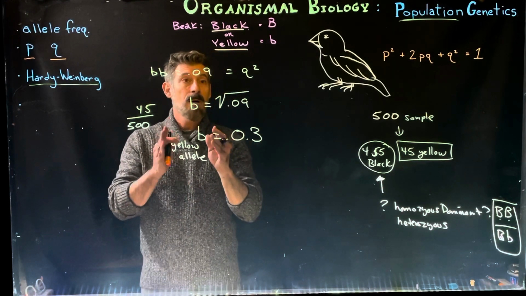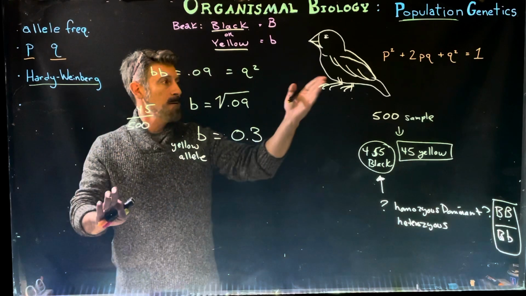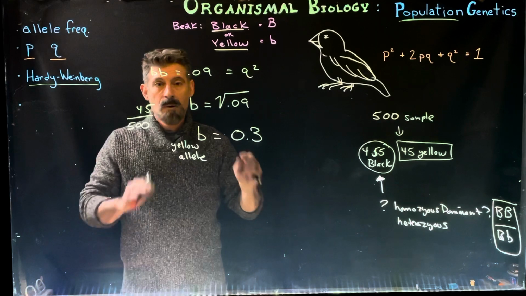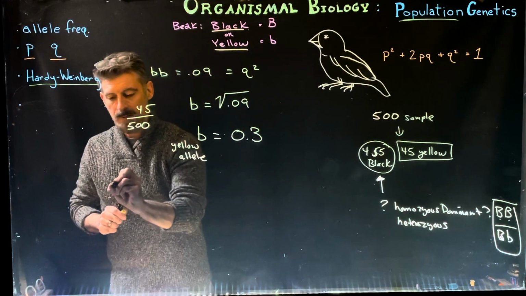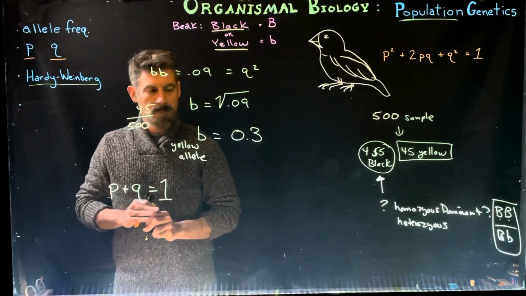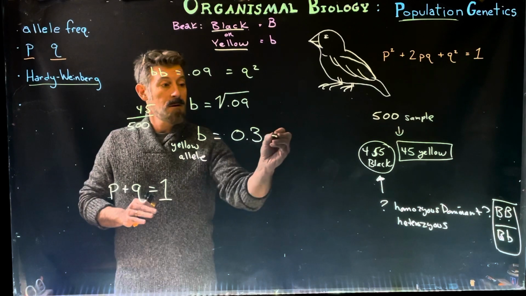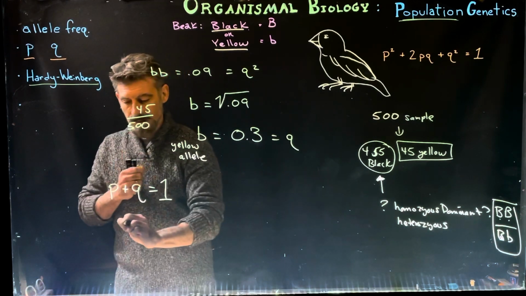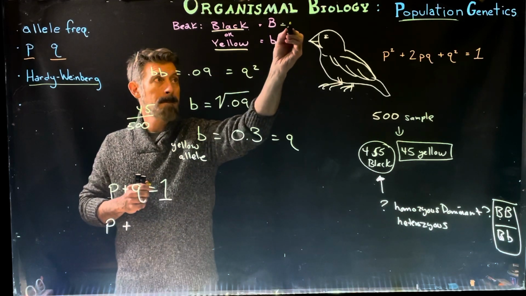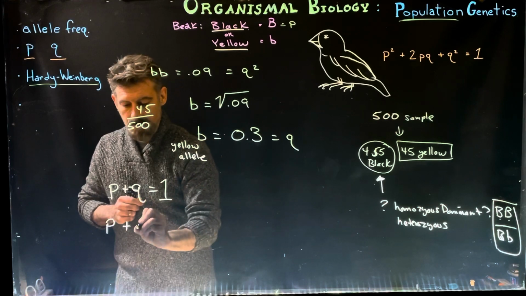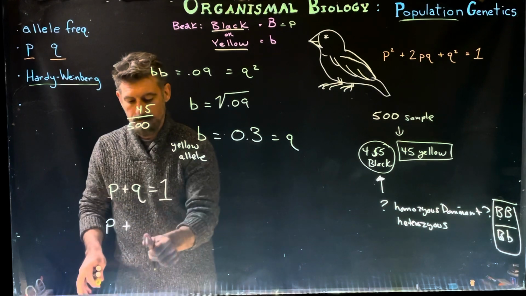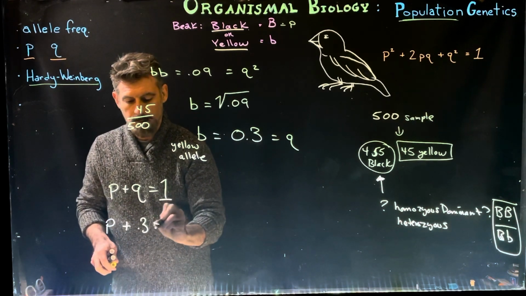Okay? Now, we know this. That's the one version of the Hardy-Weinberg equation with the genotypes. What about the alleles? Remember this equation? p plus q equals 1. So now b is q, so that means that we have p, that's going to be the dominant allele, the B, plus q, which is 0.3, equals 1.